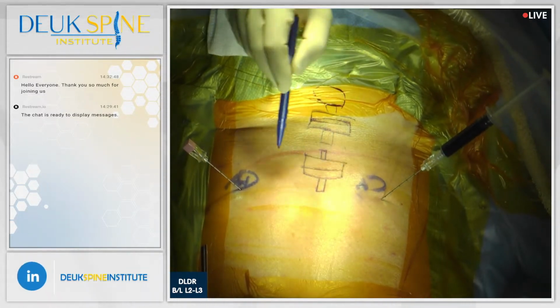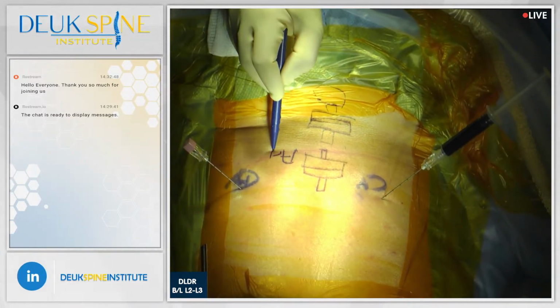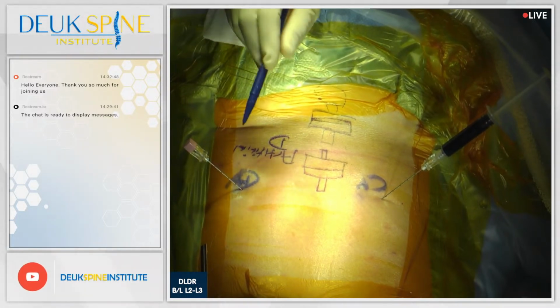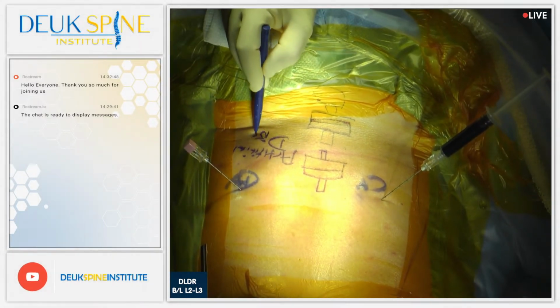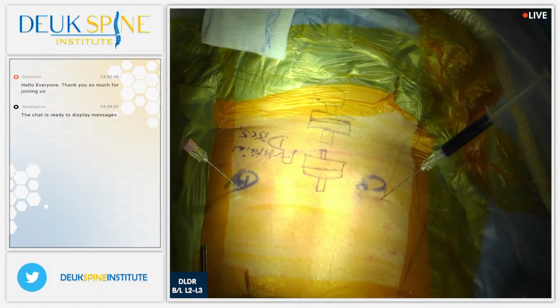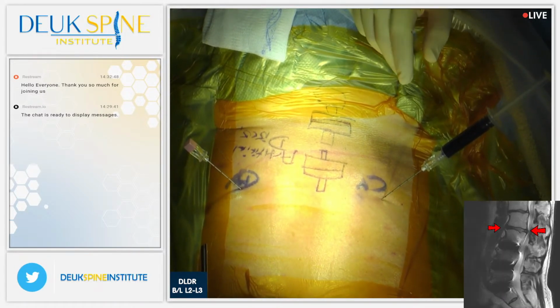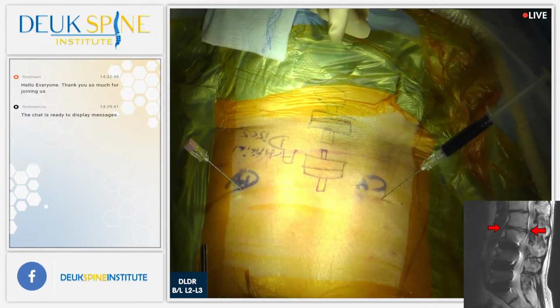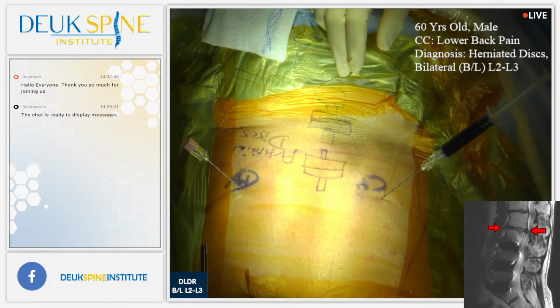Okay, these are artificial discs. Now, above them is a disc that's damaged with annular tears. And he had a choice. He could either have another artificial disc, have a fusion, live with it, and he chose the Deuk laser disc repair.